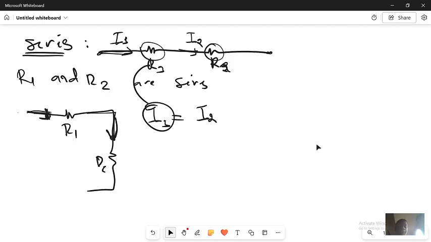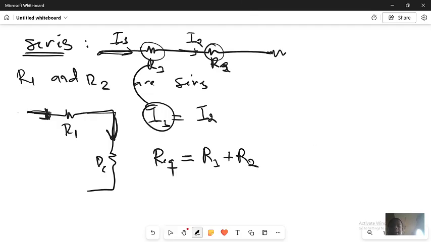So now, how to determine the equivalent resistance? The equivalent resistance is like one resistance which will be equivalent to these two. Since they are in series, I will just have R1 plus R2. Why? Because I have two resistors that are in series.